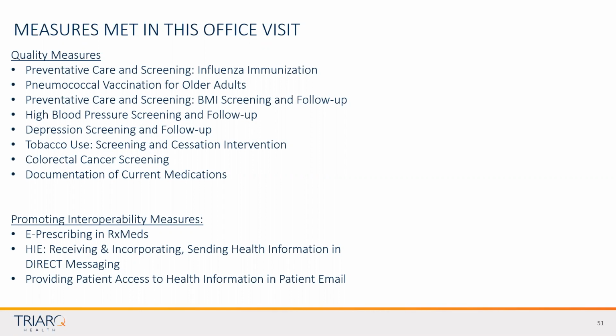And we've hit our providing patient access to health information, which is the first thing we did in registering the patient by adding in their email. So we've really come full circle, and we've hit so many different measures based off of the patient demographics and his history, and you really have a lot of wiggle room when it comes to some of our measures here.